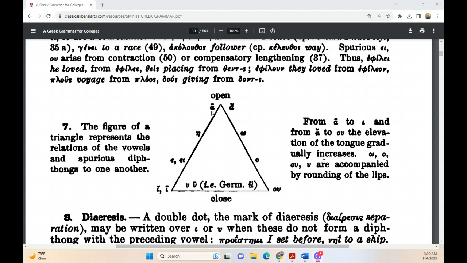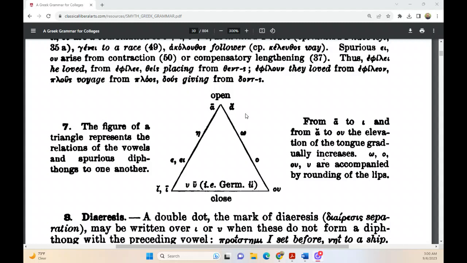So we understand that this represents sounds that are made with an open mouth, and then as we move down, our mouth becomes more closed as we make these lower vowel sounds. So it's a diagram just to show how the different sounds are made in the mouth and how they differ from each other.